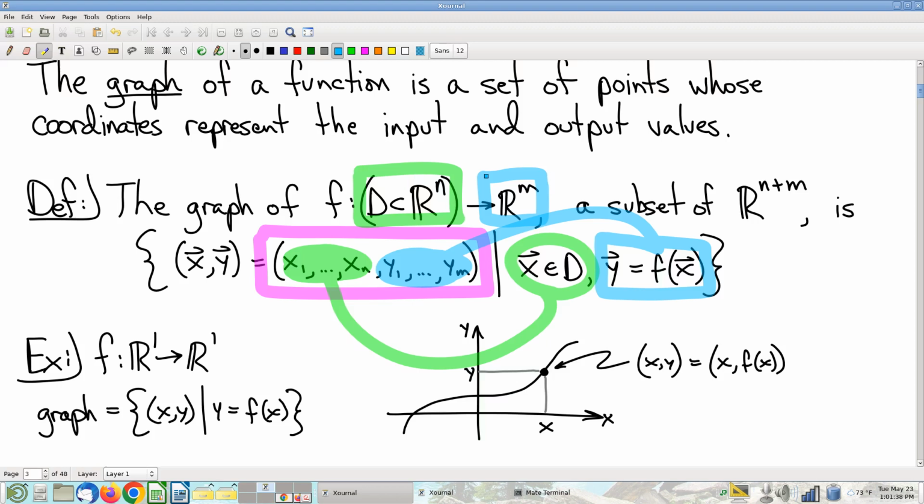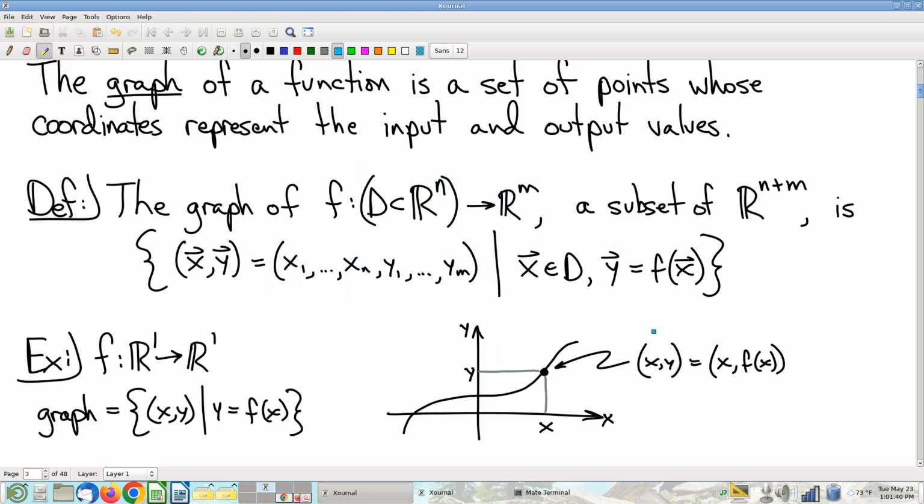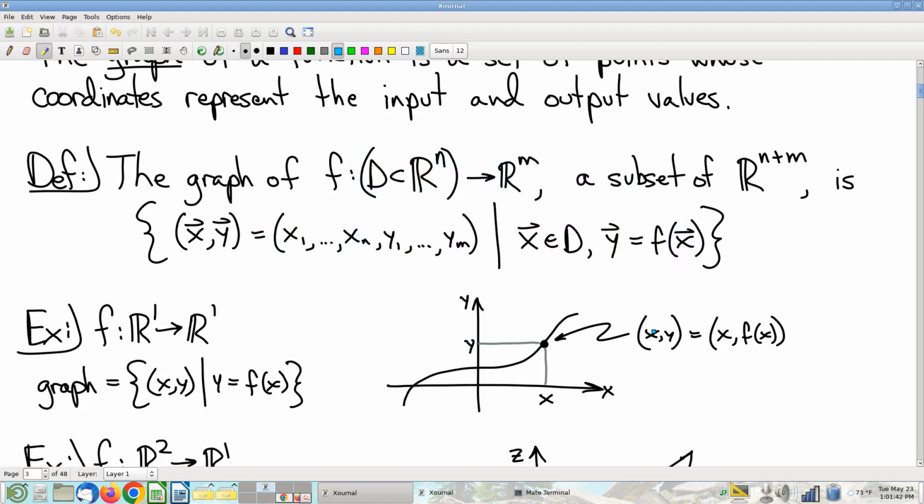Okay, so let's see an example. Again, I know you've seen this before. Here's a single variable example, and we're going to look at a real simple function, y equals f of x. Notice that a point on the graph is an ordered pair.